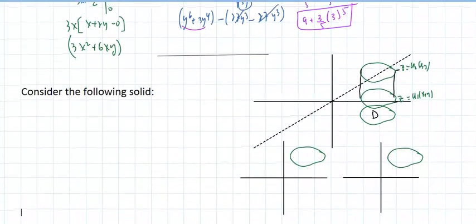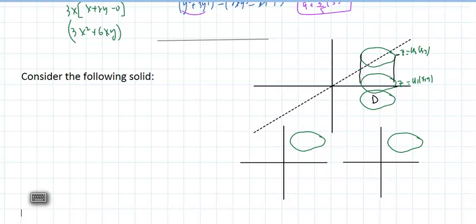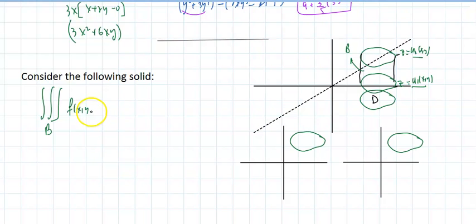Now consider the solid. I'm looking at this, and this is running from u1 to u2. So when I really want to talk about finding the volume of this, and let's say this is over B, if I take the triple integral of this over region B of f of x, y, z dV.